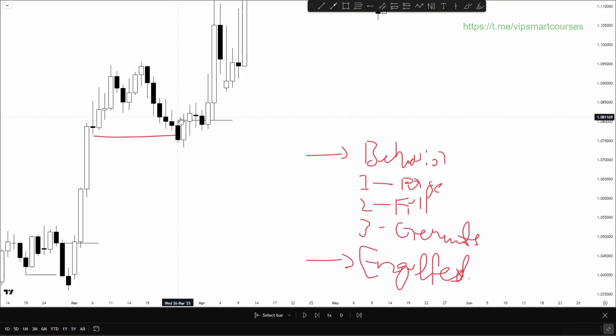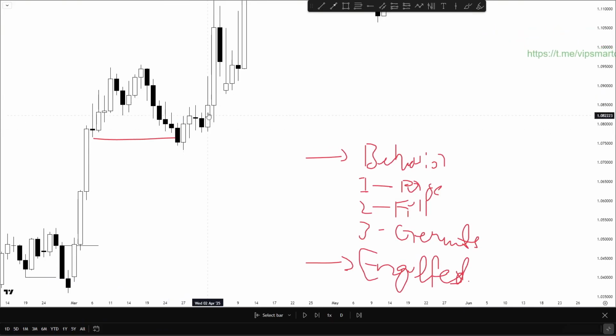Then after that point, you can see that price also closed above these two candles as a whole. So now you can say that these two candles together filled liquidity. So once price closed above these two candles as a whole, you would have chosen these two candles as an order block.